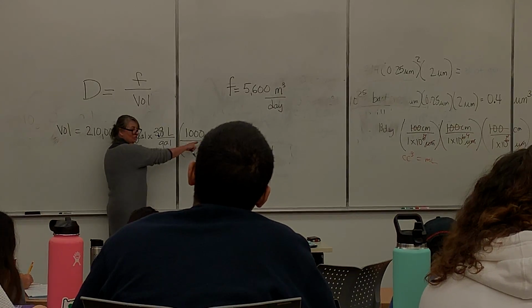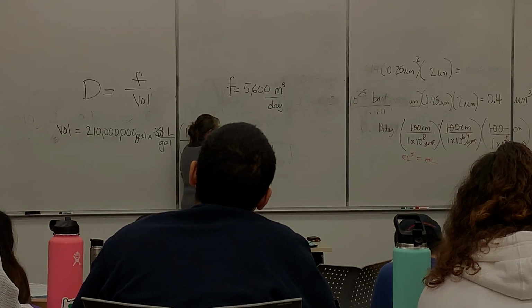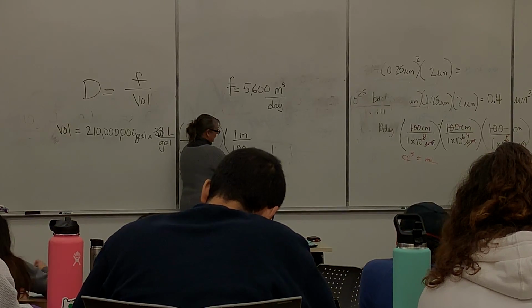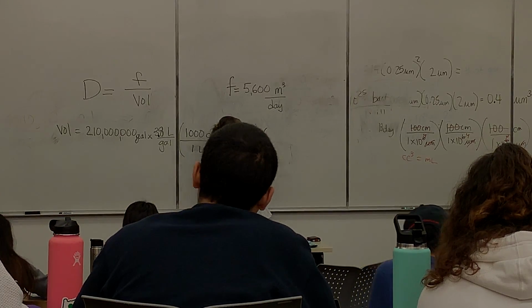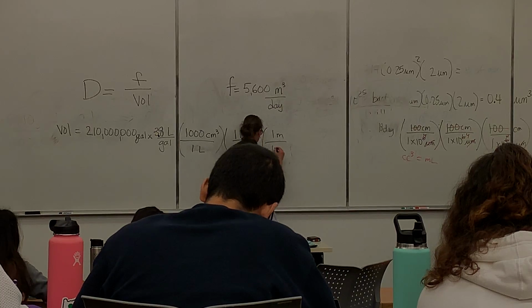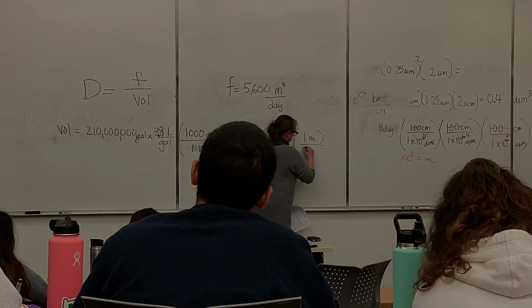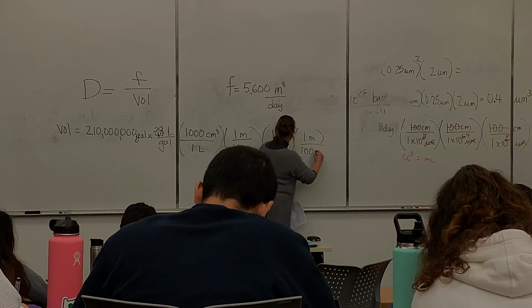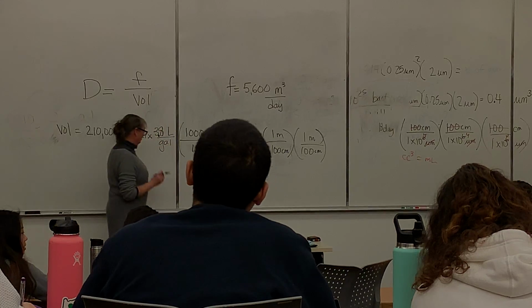Now we have to get rid of this 3 times. So we can say that 1 meter is 100 centimeters, and we can cube it if you're comfortable doing that. But you can just write it out 3 times if you're not. Now you'll be in meters cubed.